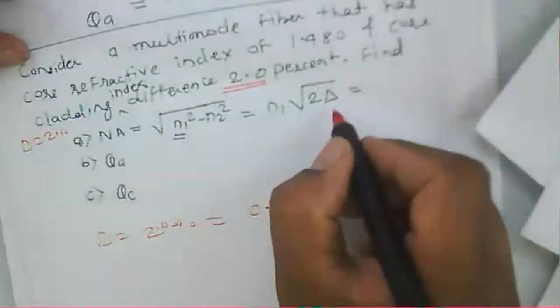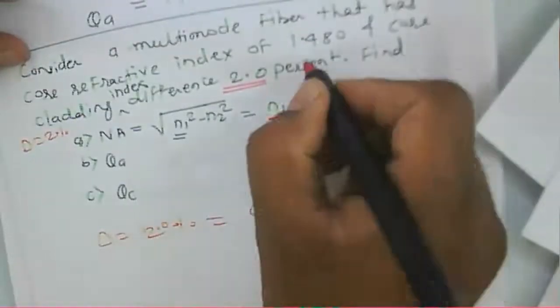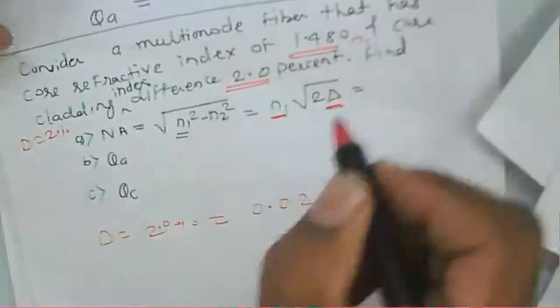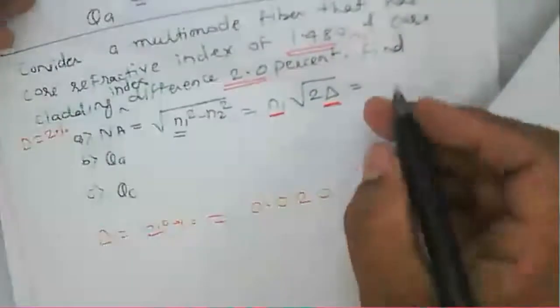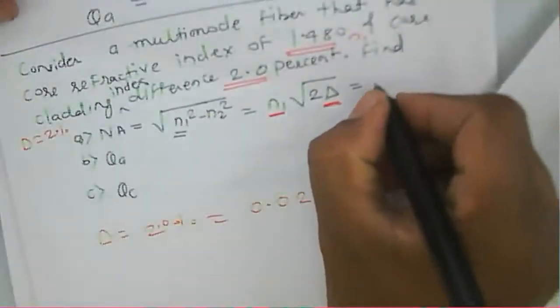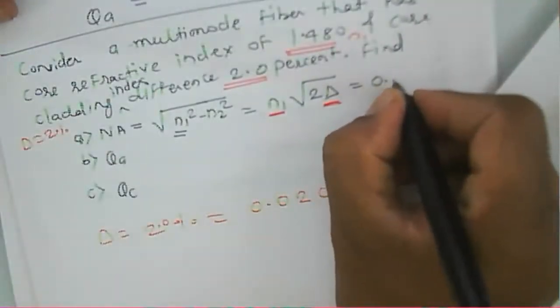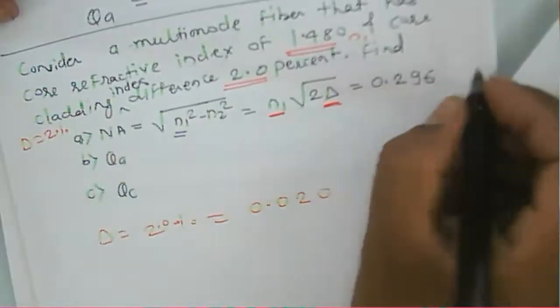So you can put that value here, and N1 is nothing but 1.480. So you will get the numerical aperture value, that is about 0.296.